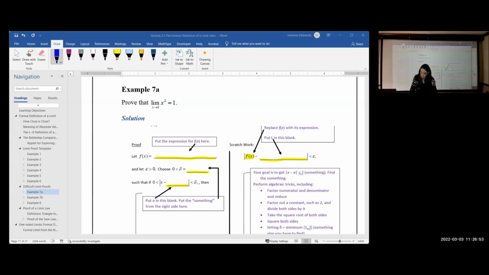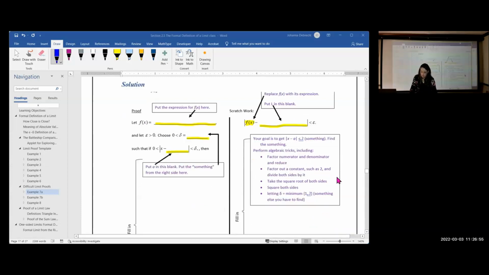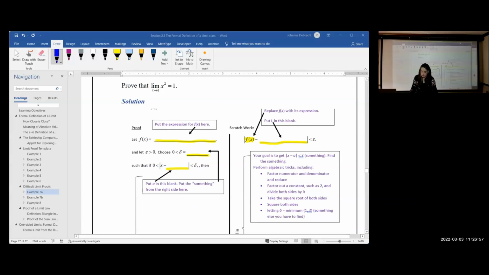Okay, so when we're looking at this, remember to start with the definition of the function minus L. Our goal, of course, is to get x minus a. So remember to identify the different pieces that you have. A is equal to 1 because we've got this value of 1 right here. Our function value, which is going to be f of x, is equal to x squared.